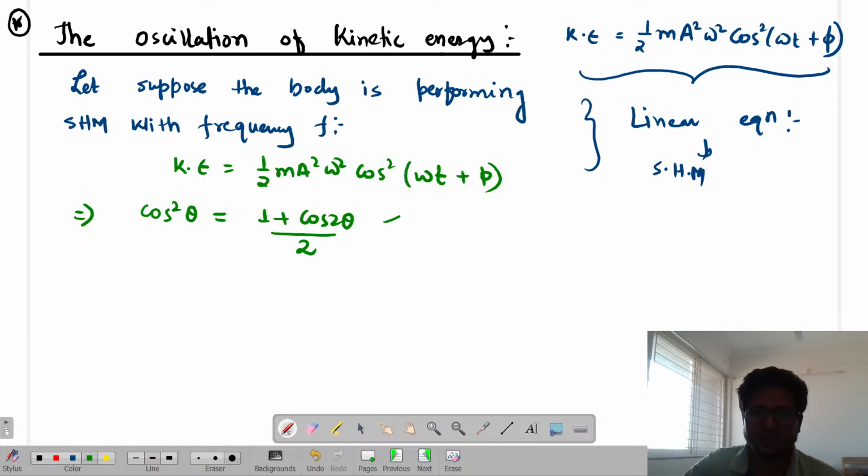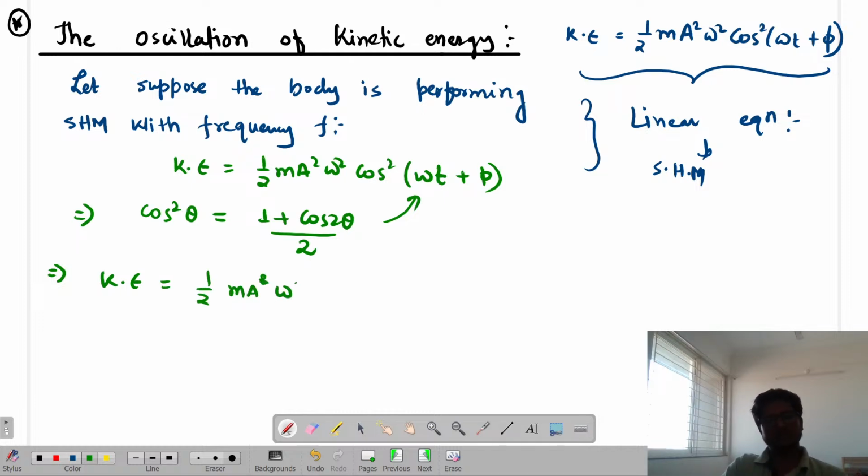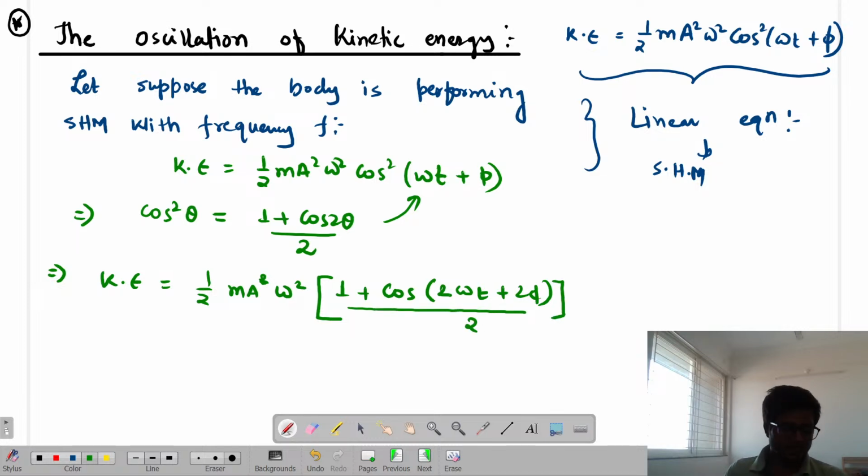So replace it in this equation and you will get the kinetic energy equation. The kinetic energy equation, half m a square omega square cos square (omega t plus phi), can be written as half m a square omega square times 1 plus cos (2 omega t plus 2 phi) divided by 2. So this is my kinetic energy equation, right?